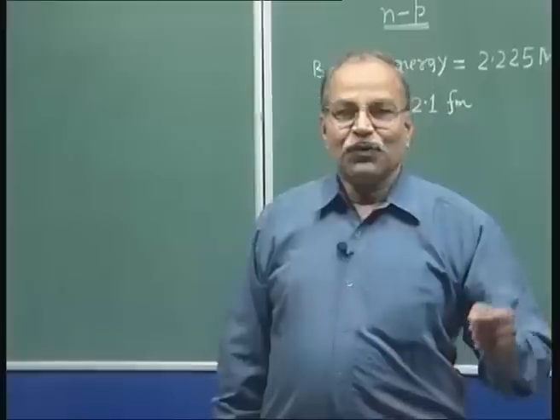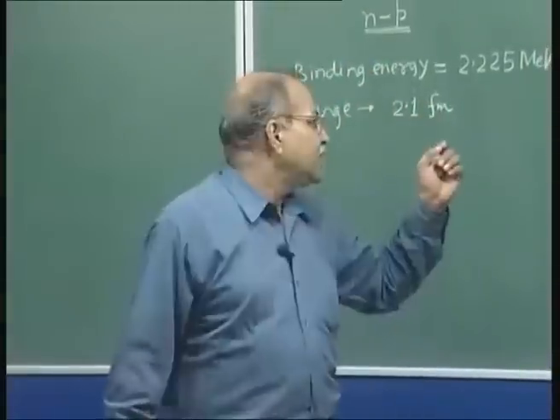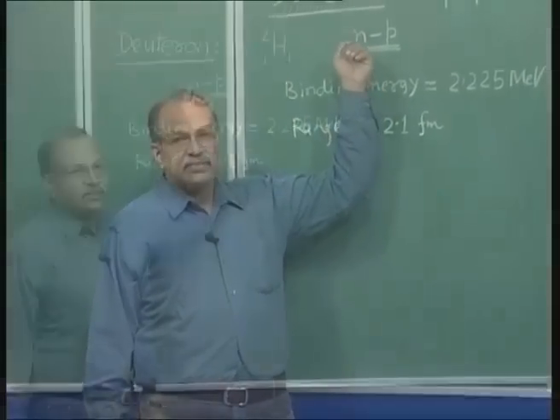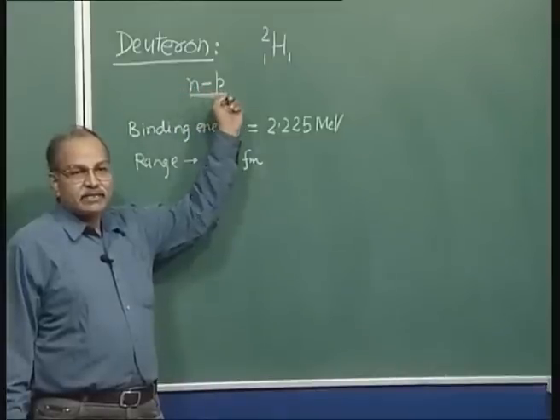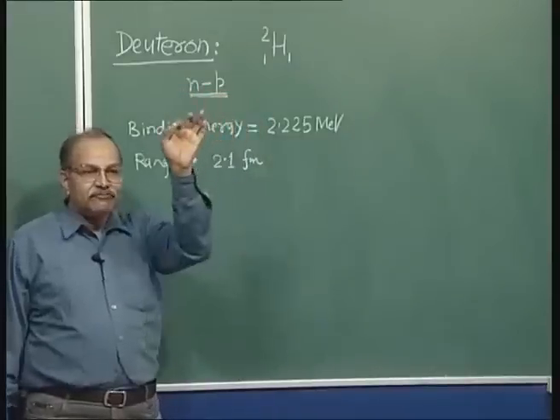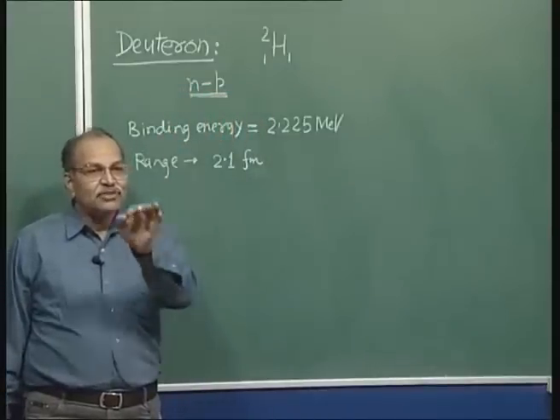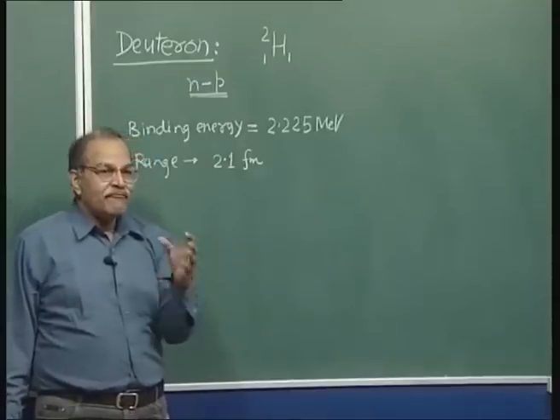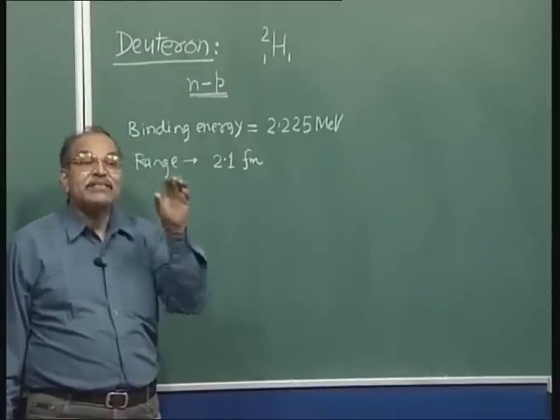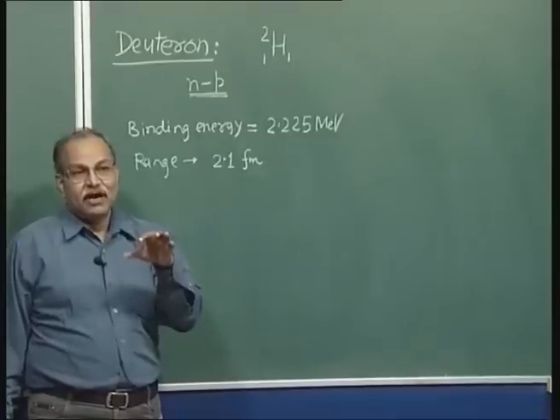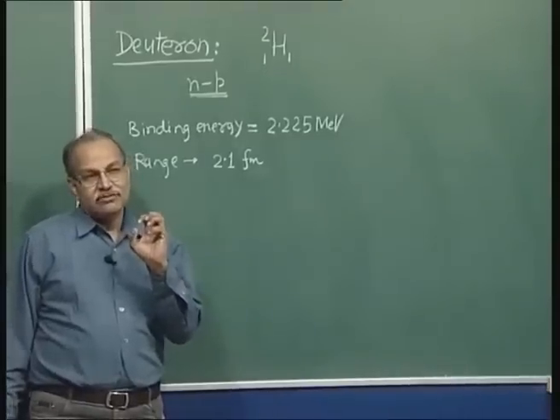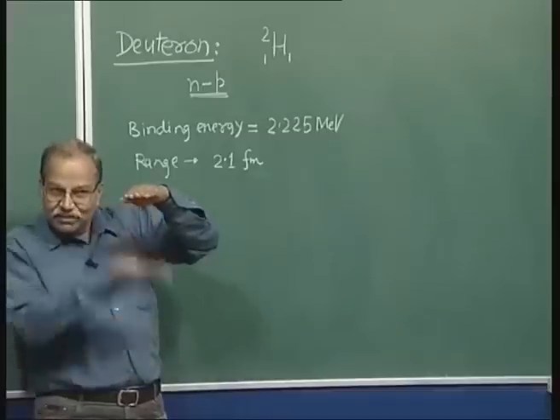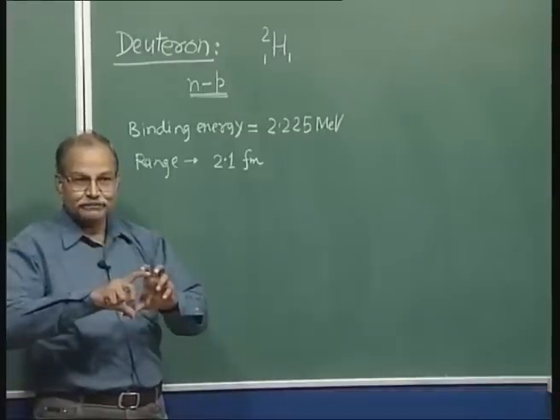So, our first scheme will be to approximate this nucleon interaction potential by a very simple form which we can mathematically handle easily, and find out the parameters, the strength of the potential. How strong is the nucleon potential? That is given by the depth of the potential well which is binding it.